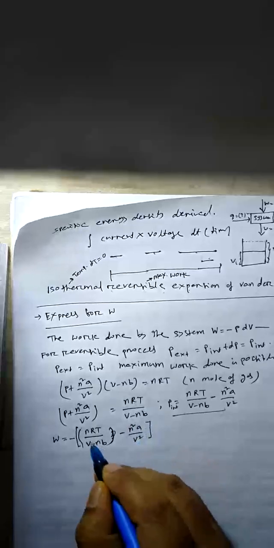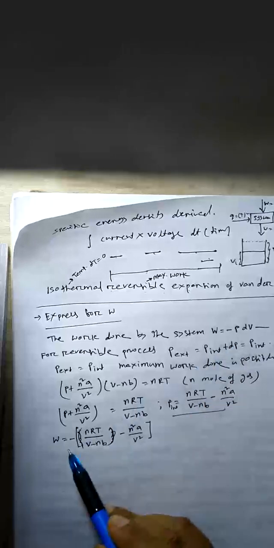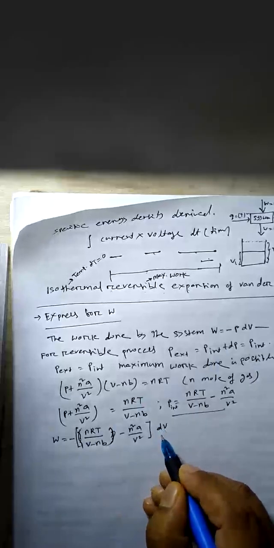Make this bracket, remove this bracket. Only the negative sign is there. Then here is P into dV.